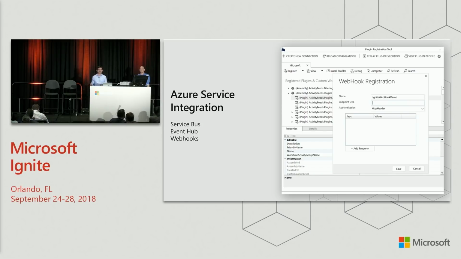Event Hub, for example, has a plugin where you can pass your Dynamics execution context to the Event Hub, so that Event Hub can process the event and pass it on to other services. Webhooks is another capability which allows a pub-sub kind of capability. You can write your own service to have this Dynamics CDS system publish the data on the webhooks, and accordingly your service can process that data.